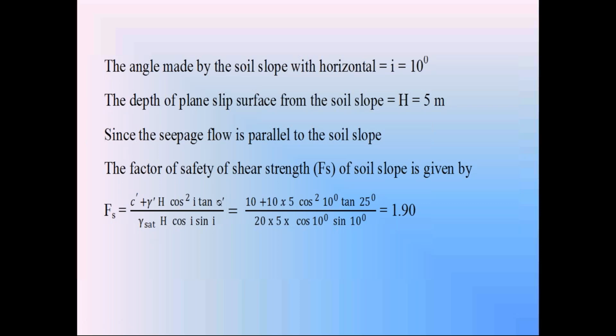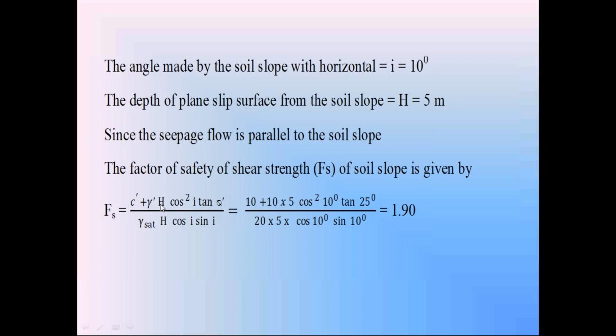Then gamma dash is the submerged unit weight. Gamma dash is equal to gamma saturation minus gamma W, which is 20 minus 10, so gamma dash is 10 kilonewton per meter cube.